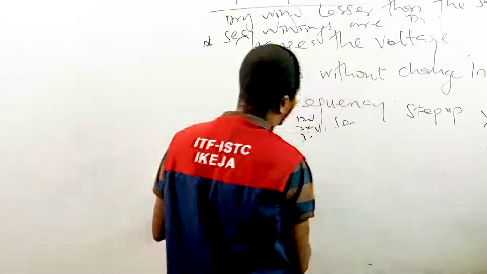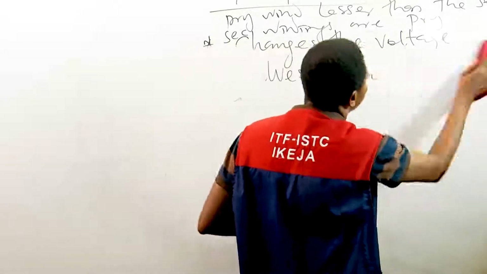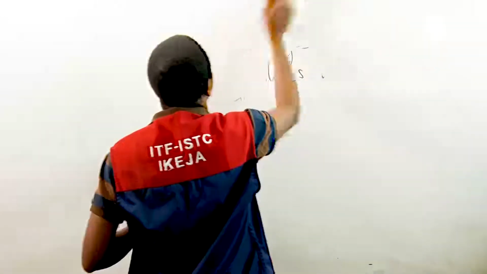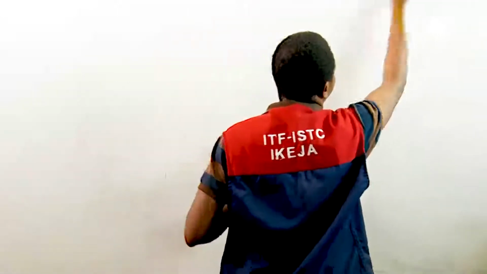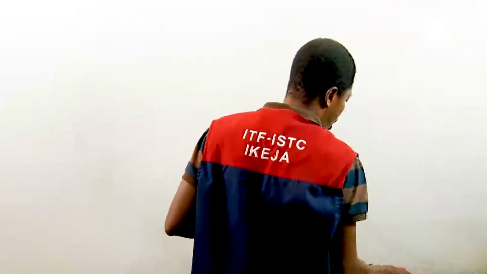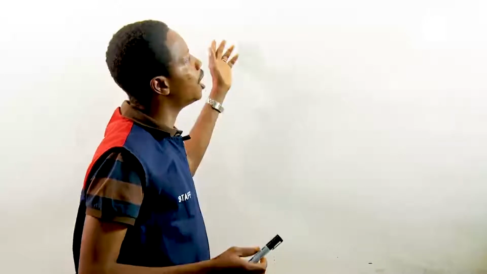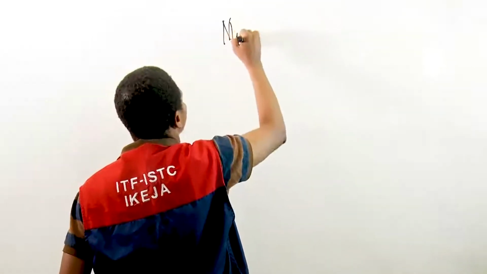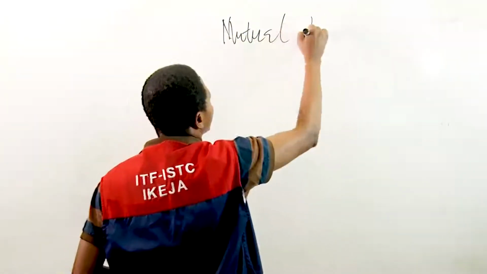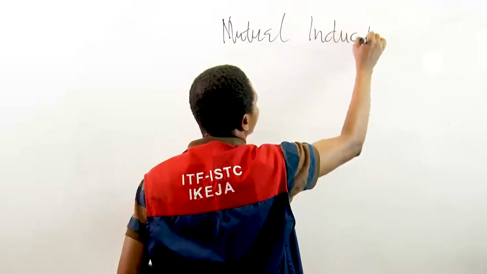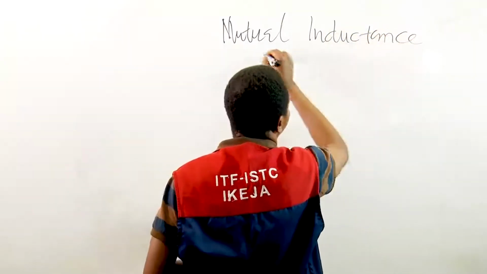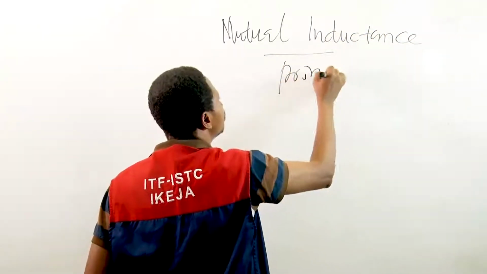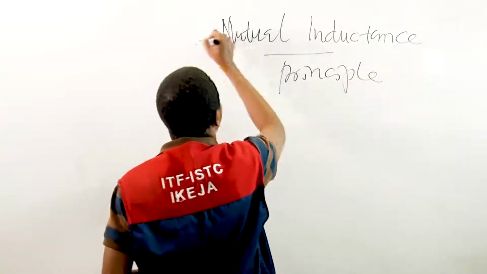There are some things we must know about the construction of transformer. You may ask me, before I move to the construction, by what principle does it work? It works with mutual inductance. This is the principle behind transformer.